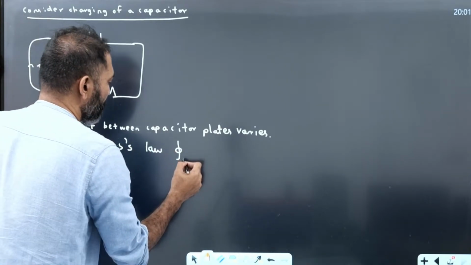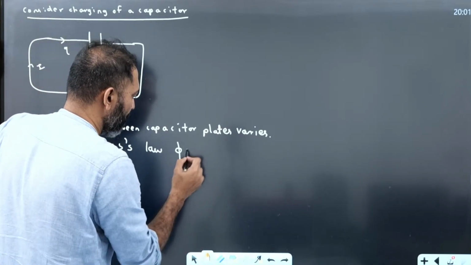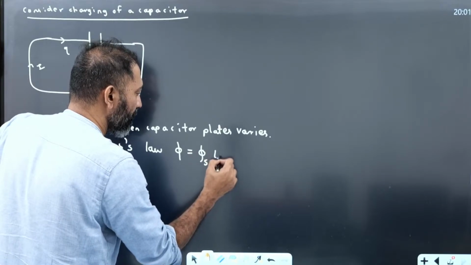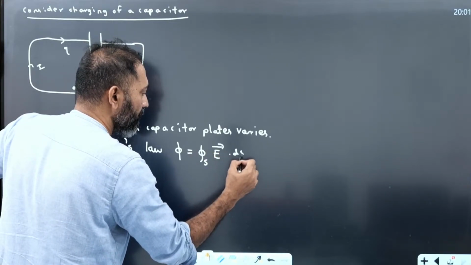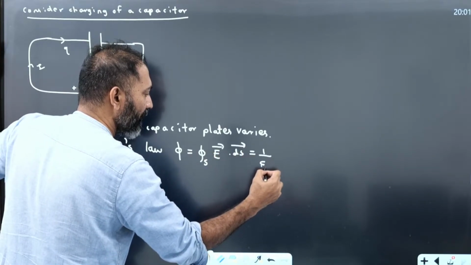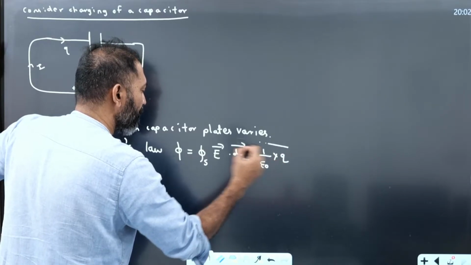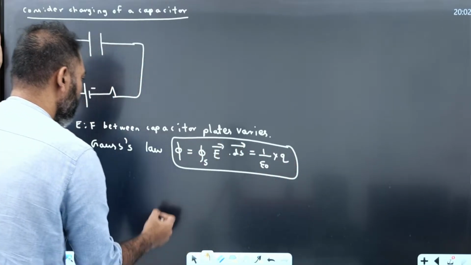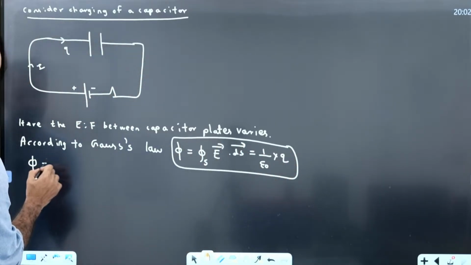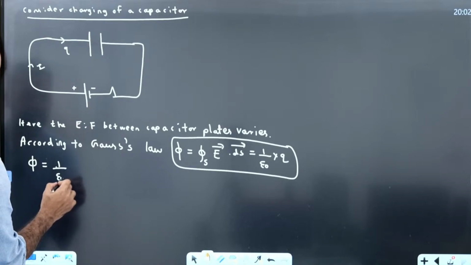What is that? Phi is equal to integral over S E vector dot dS vector is equal to 1 by epsilon 0 times q. So phi is equal to 1 by epsilon 0 times q.